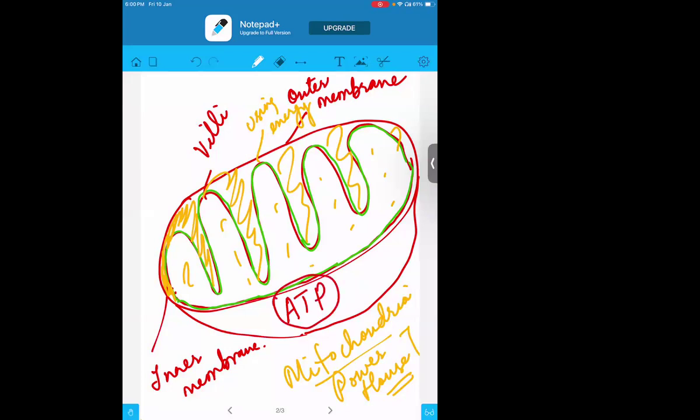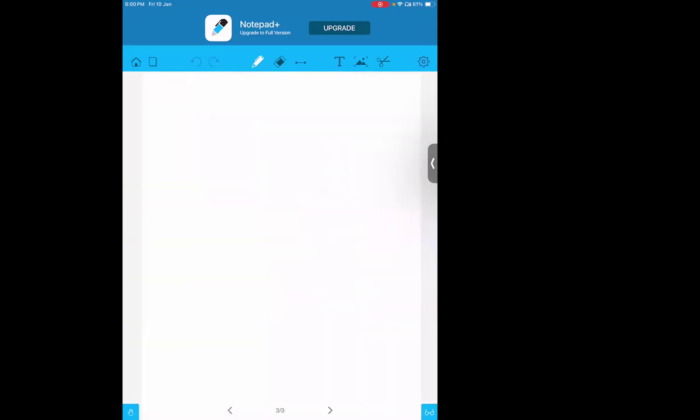Like we have a 10 rupee note, 20 rupee note, 50 rupee note, 100 rupee note, in the same way the energy in the mitochondria should also have some form. That form of energy is stored in the form called ATP.